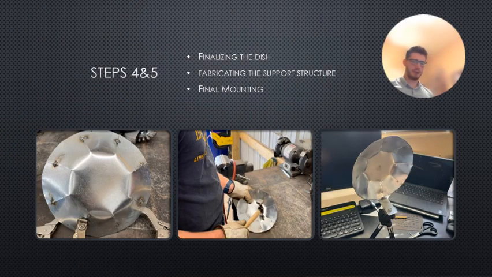So the next part was to finalize the shape of the dish and to weld the different petals together. The welding was necessary in order to have each petal keep its shape, similar to the prototyping, where I just taped the pieces together, but it's necessary to keep the metal from bending back into the flat shape that it once was.